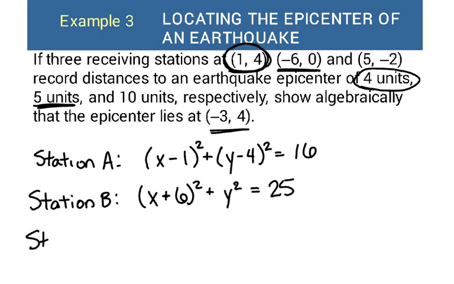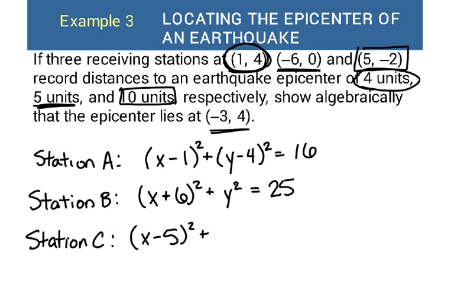Now station C. We're going to use this one and this right here to help us find our equation. So (x - 5) squared plus (y - -2), so plus 2 squared equals 10 squared, so 100.